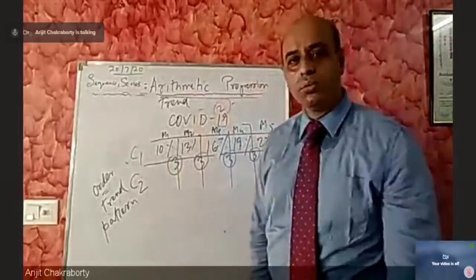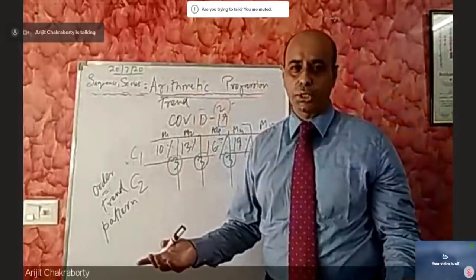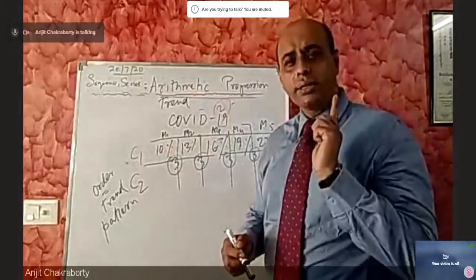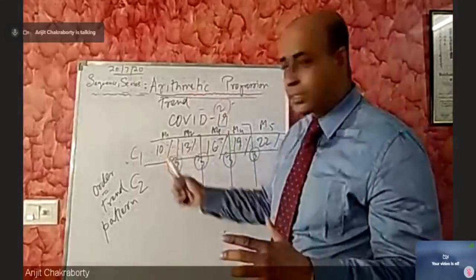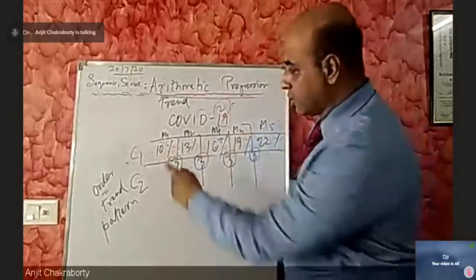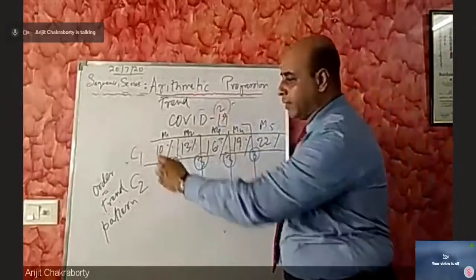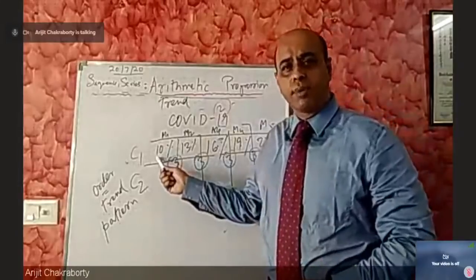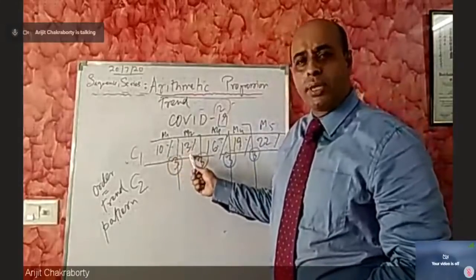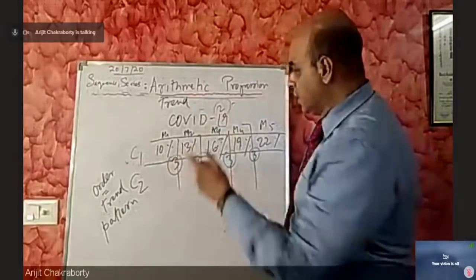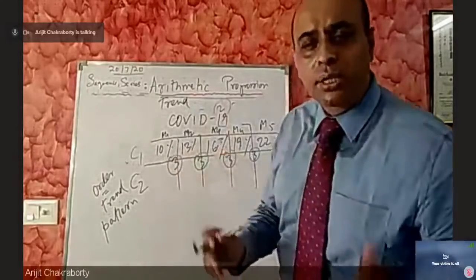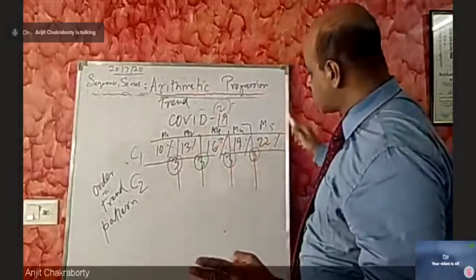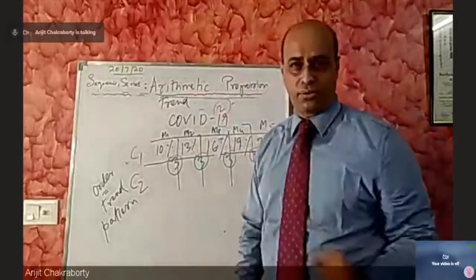Now in country 2, let's see the condition. First month, the number of affected people by the COVID-19 virus. So in the first country C1, 10% of the population got affected in the first month, 13% in the second month, 16% in the third month, 19% in the fourth month and 22% in the fifth month.